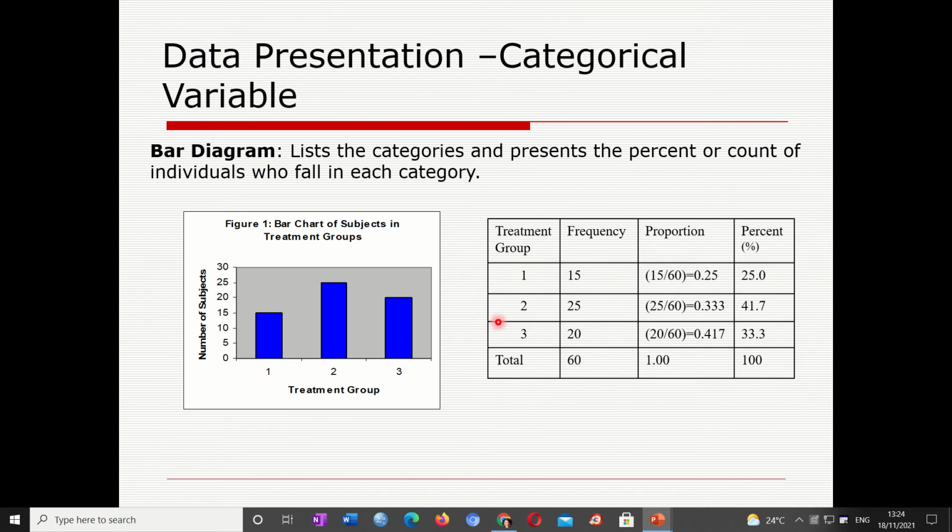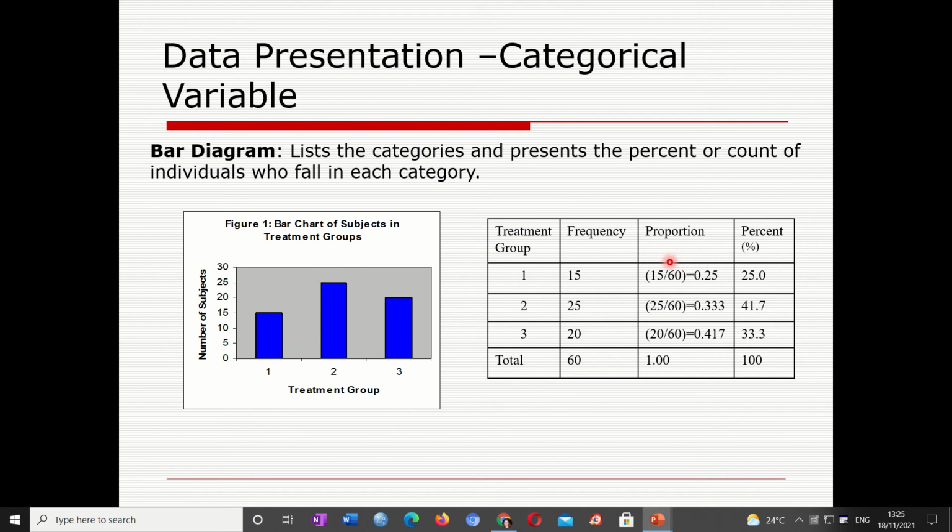So this means that group 1, treatment group, has 15 subjects, and group 2 has 25 subjects, as you can see, and group 3 has 20 subjects, okay? So what are these? These here are frequencies, okay? So bar charts are good for representing frequencies as well as categorical variables.